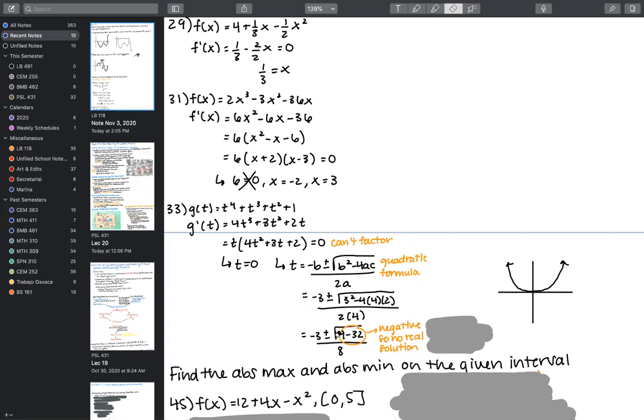And in order to simplify this, which it can be simplified further, but since we're trying to determine whether or not there are other critical points, I did not simplify it further, because what I can gather from the fact that there is a negative value underneath the radicand is that in order to simplify it, I would have to pull out i, the imaginary number, the square root of -1. And then all of a sudden, I'm no longer dealing with rational numbers.